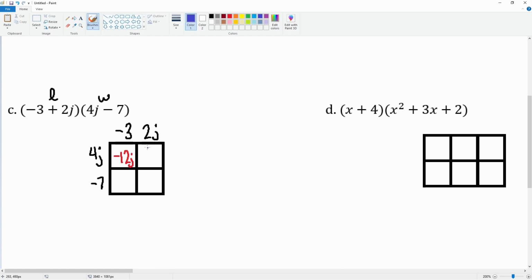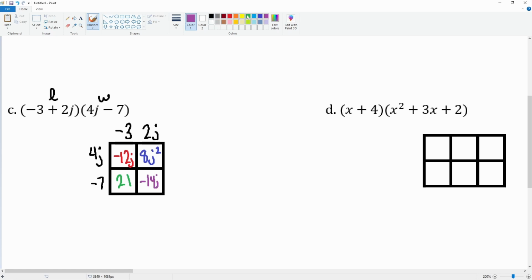Then we have 4j times 2j, 4 times 2 is 8, 8j squared. Then you have negative 7 times negative 3 becomes positive 21. And negative 7 times 2j becomes negative 14j.